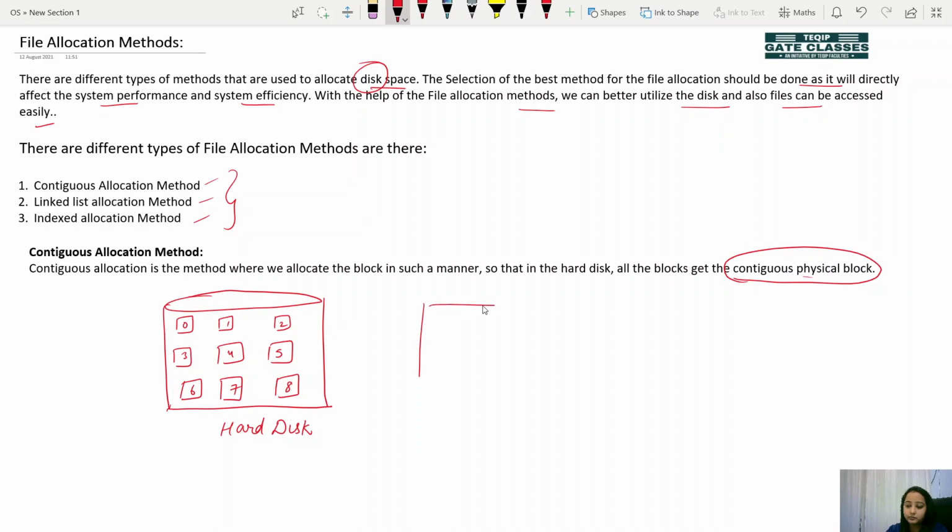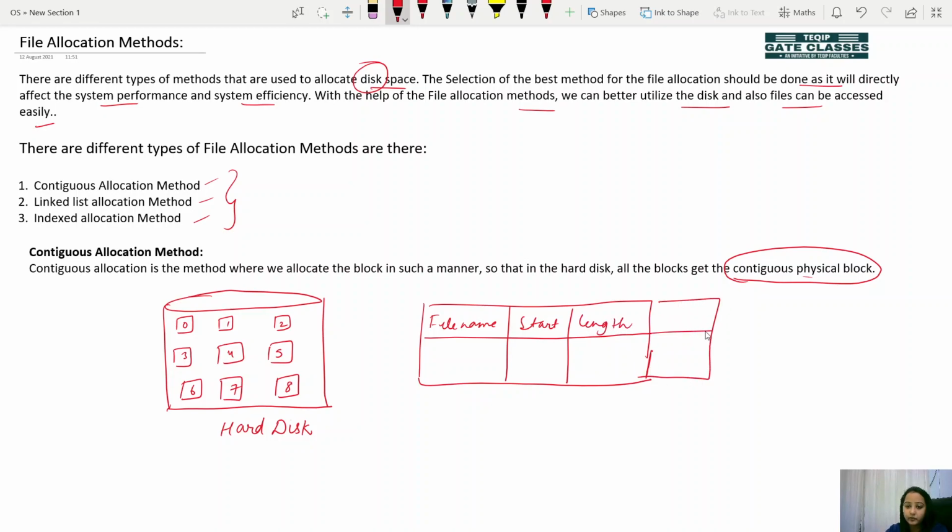And the directory is maintained. So we have the file name, followed by the starting block of that file, then the length, then the allocated blocks.